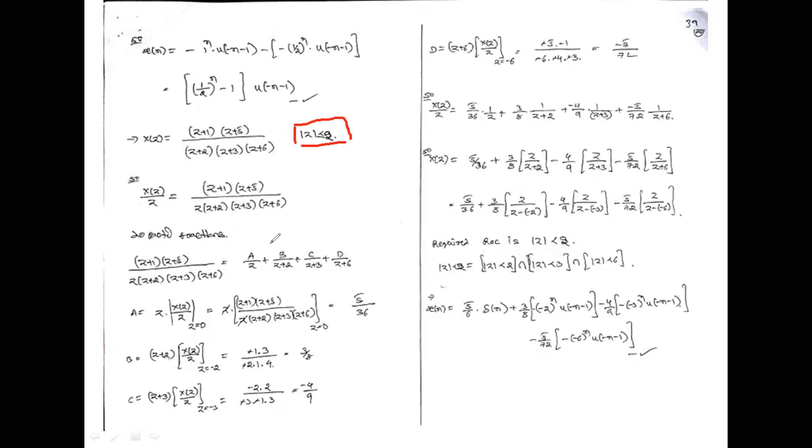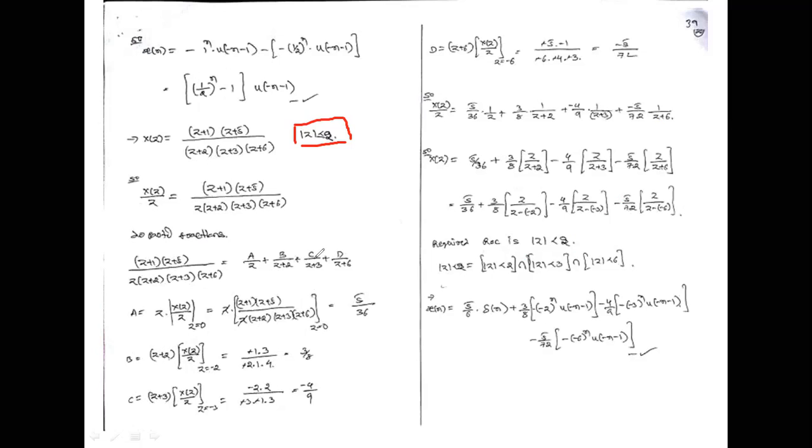By using the partial fraction expansion method, the denominator has 4 terms: a by z, b by z plus 2, c by z plus 3 and d by z plus 6. Find the a value, b value, c value and d value according to the distinct poles we have. The procedure is, for a, z into x of z by z, substituting z is equal to 0. To find b, take the denominator z plus 2, multiply with x of z by z, the total function, substituting z is equal to minus 2.